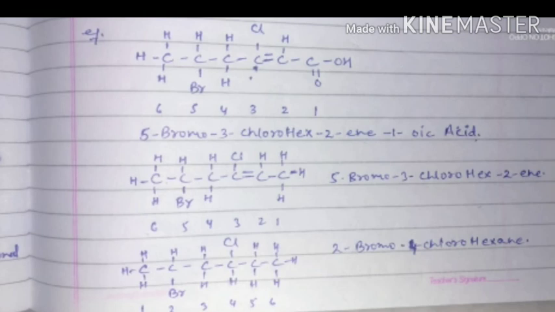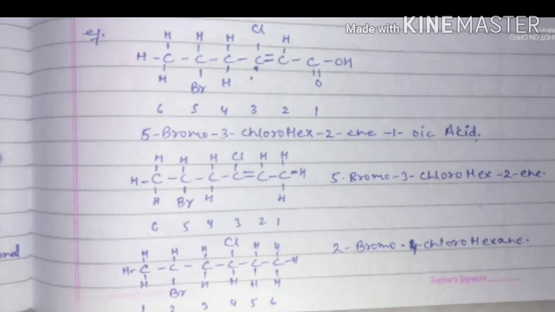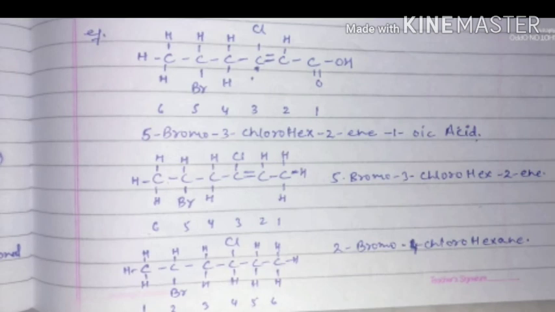That's why I have to give the number from the same side, that is the right hand side. The same numbers we need to give. So the name of this compound is 5-bromo-3-chlorohex-2-ene.